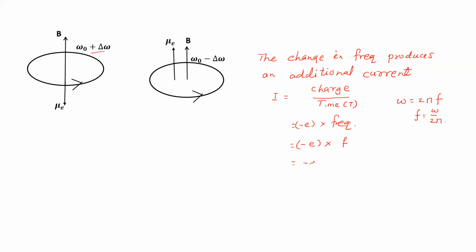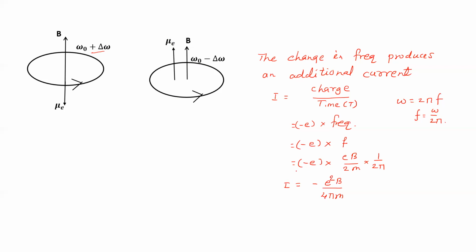So I can write this as minus e, and I will use the value of omega, the change in frequency, that is eB divided by 2m, and 1 upon 2 pi. So it will be minus e square B divided by 4 pi m. So this will be the additional current produced in this orbit.